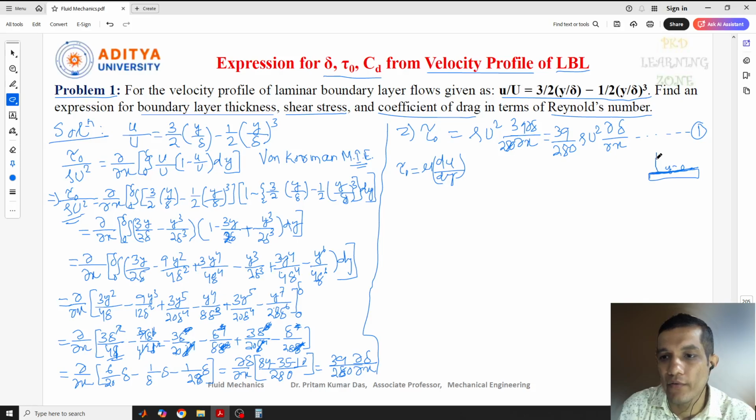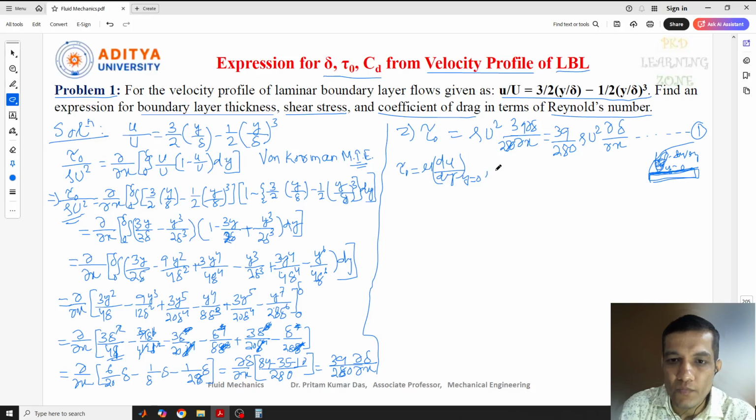Now slowly if you move along the boundary, then we will get a velocity distribution here, and that is called du by dy. This one we already discussed a number of times in the previous video lecture, you can see that one. So this equation is tau naught at y equal to 0.